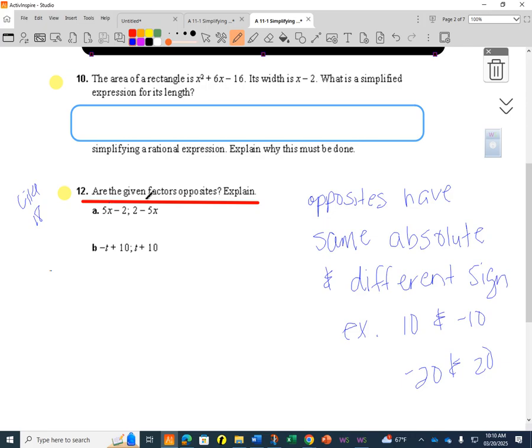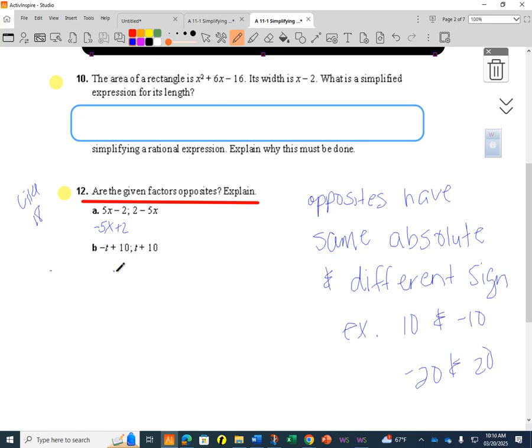So 5x minus 2: 5x is positive and 2 is negative, right? You may want to reorder this. Now we're looking at 2 minus 5x. If I rearrange these terms, now I see that minus 5x is really negative 5x, and that's a positive 2. These are the same expression, except one is positive and one is negative.